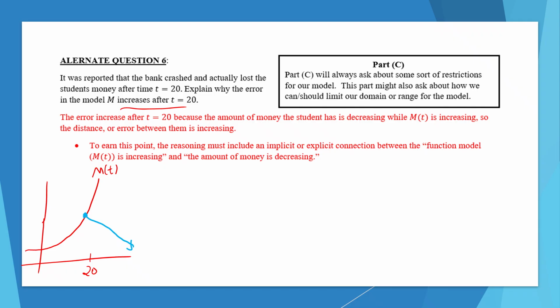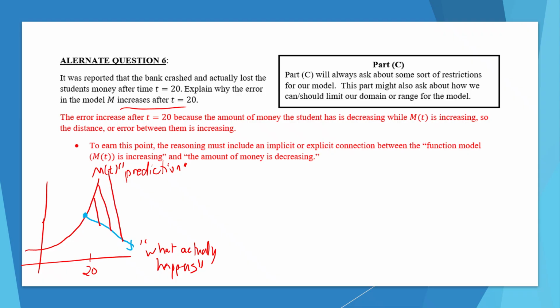So the error in model M is how far off we were from our prediction, which is model M, was our prediction. And then this is, we could say, what actually happens. So basically, how far off were we from our prediction to what actually happens?